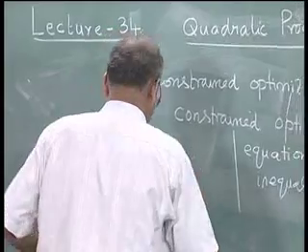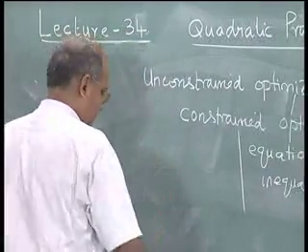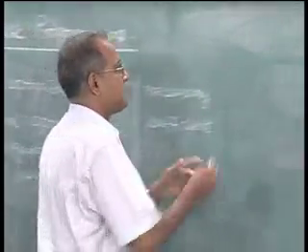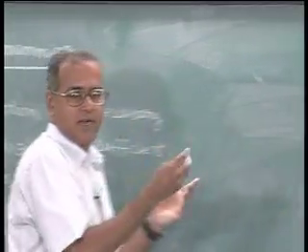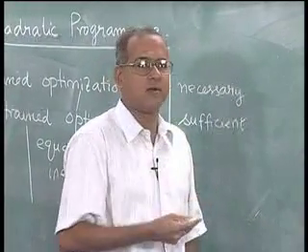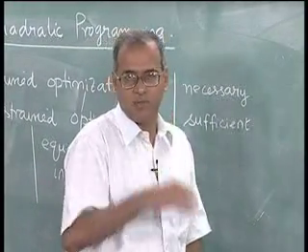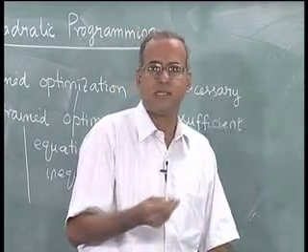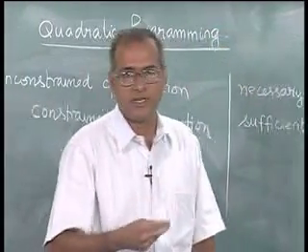So, let us look at these. If we have an unconstrained optimization problem with a single variable, then df by dx equal to 0 gives a maximum or a minimum. The second derivative would tell us whether it is a maximum or a minimum.